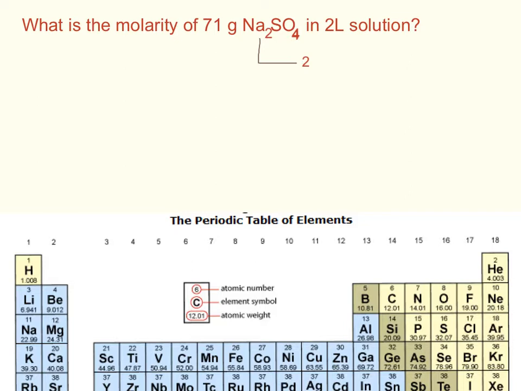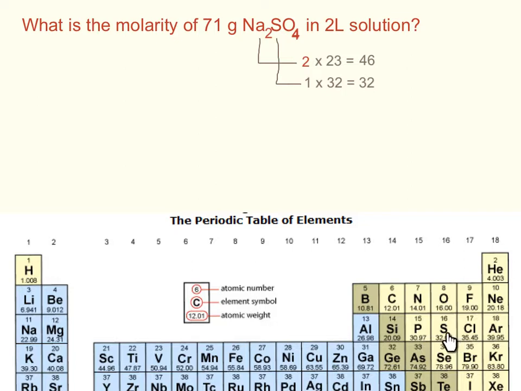And if we look in our periodic table, each sodium weighs about 23 when we round it up. So the weight of sodium atoms in this molecule are about 46. We have just 1 sulfur. It weighs 32, so it contributes 32 to the mass.